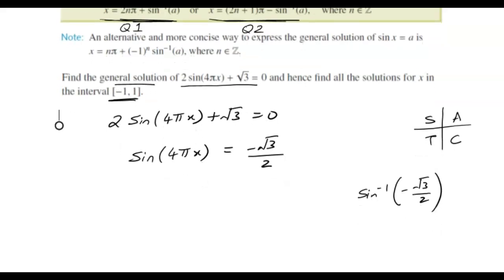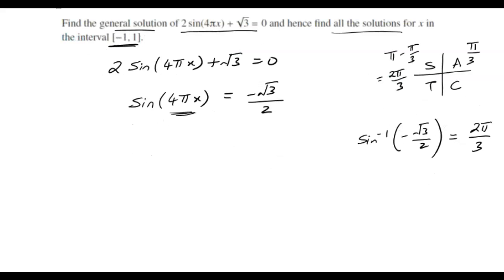So sine is square root 3 on 2 in the first quadrant when the angle is equal to pi on 3, which means the angle in the second quadrant is going to be pi minus pi on 3, which gives us the answer as 2 pi on 3.